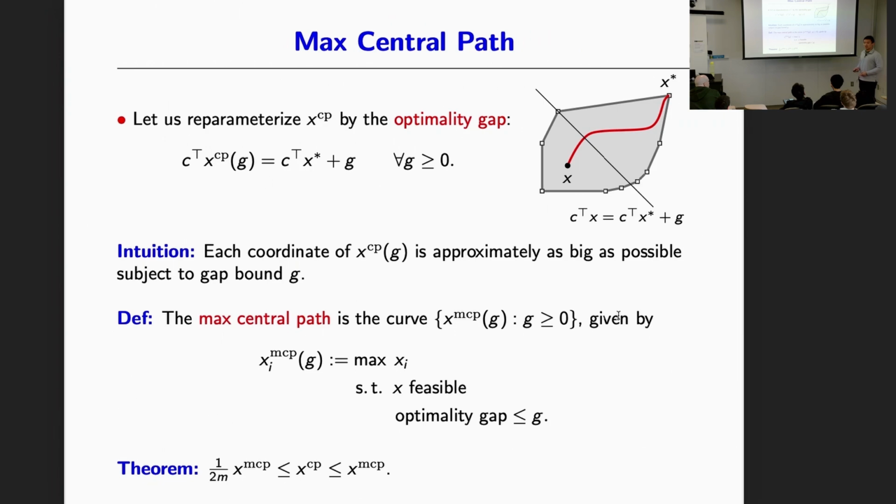We're not computing things, so it's fine. It's just for the analysis. Good question. Okay. So the takeaway is the central path is deep in the polyhedron, and how deep it is is measured by this proxy, the max central path, which represents the maximum that you can get away from any coordinate.